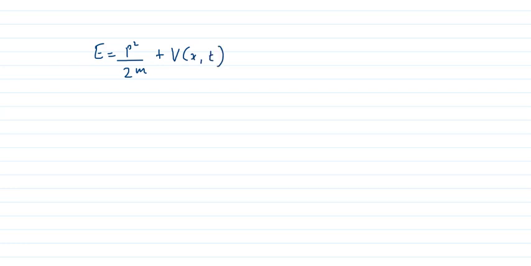If we are considering the case of a free particle, then we can definitely avoid it. So first let me multiply it with the wave function: p square by 2m into psi plus V of x comma t into psi.